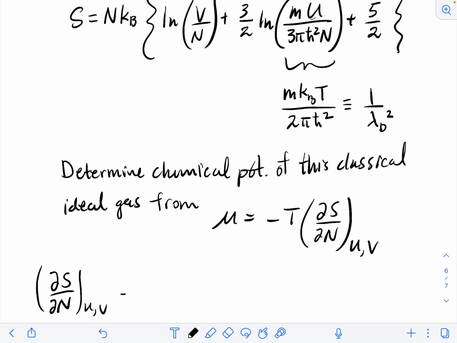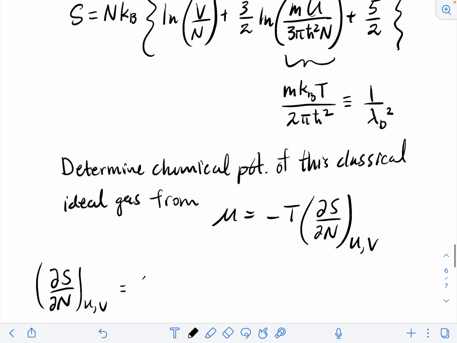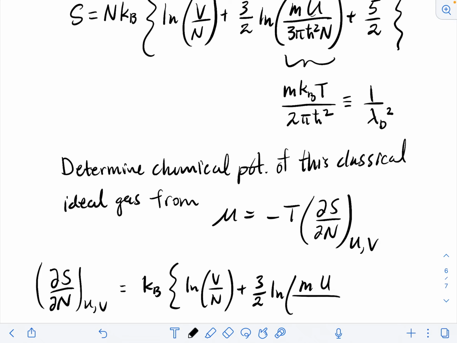Okay, so first of all, there's an n out front, so there's a coefficient n, so we get kB times all of the stuff that was already there. So I'm just rewriting all of these terms.